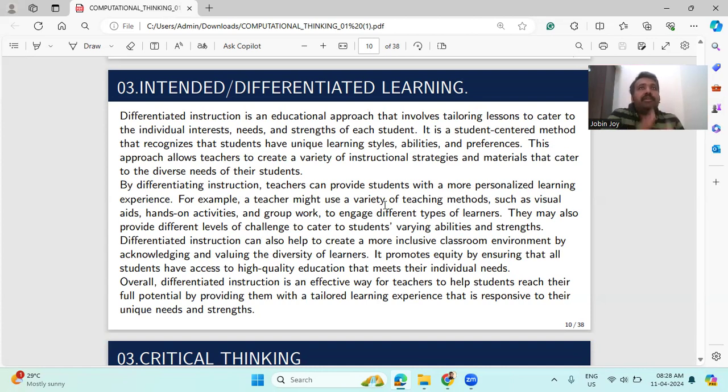So it is the duty of the teacher to lecture, demonstrate, and explain the concept in such a way that the students feel that based on my style I'm getting this, based on my ability I'm receiving this concept. This is what is called differentiated instruction or differentiated learning. It is a challenging process. Designing these types of classrooms needs experience and expertise.